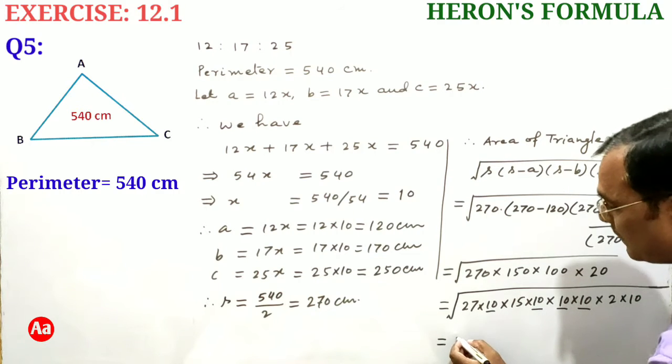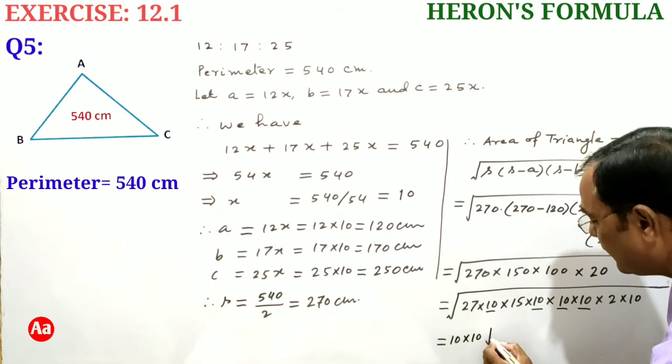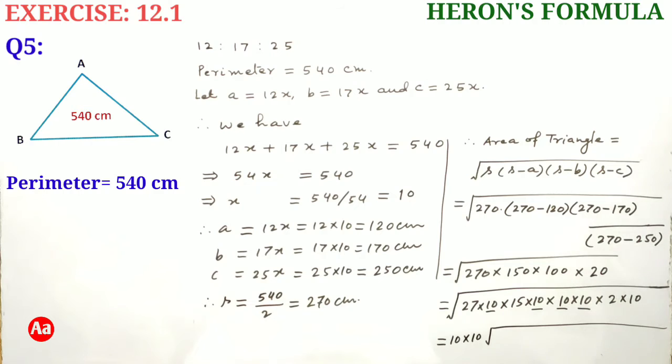So let's write 10 into 10 into, see why I have written 10 into 10 outside, because 10 into 10, one pair of factor 10, square root is 10. Here 10 into 10 making one pair, so its square root is 10. So 10 into 10 two times has gone outside of this square root sign.